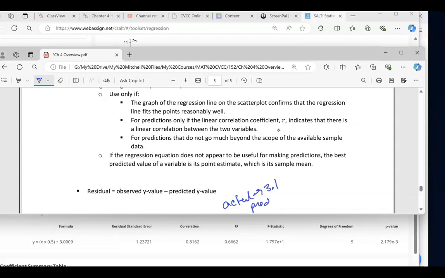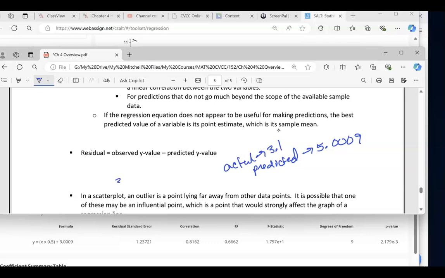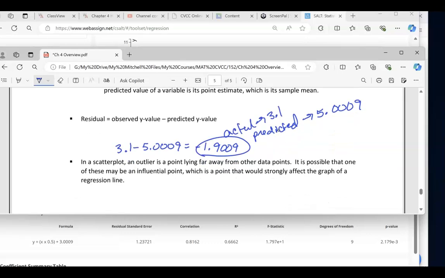And the predicted was 5.0009. So the residual would be the observed, which is from your data set, minus the predicted. So 3.1 minus 5.0009, negative 1.9009. So there's our residual for that.